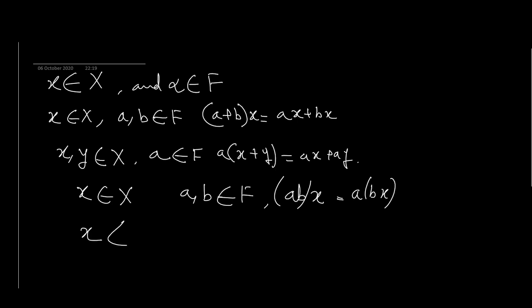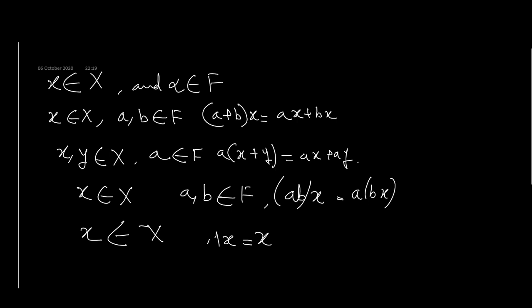For every x belonging to X, 1x is equal to x. So here are 4 things we have observed, but the multiplicative inverse is not present, only the multiplicative identity is present. This one is our multiplicative identity.